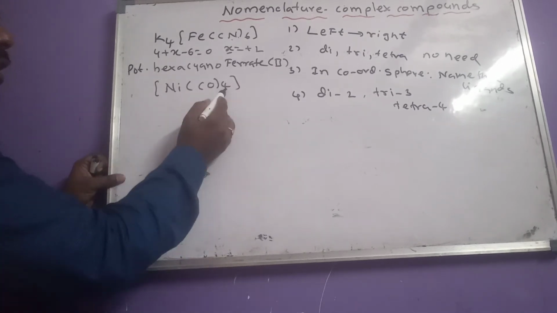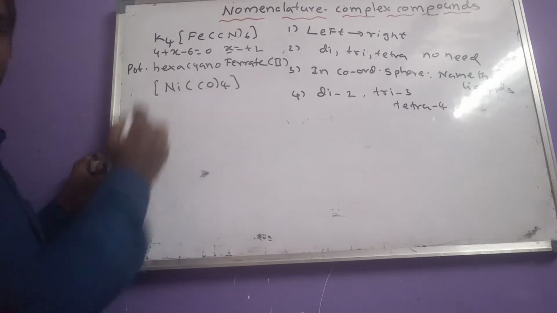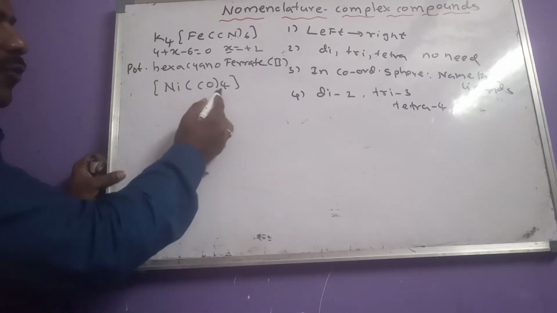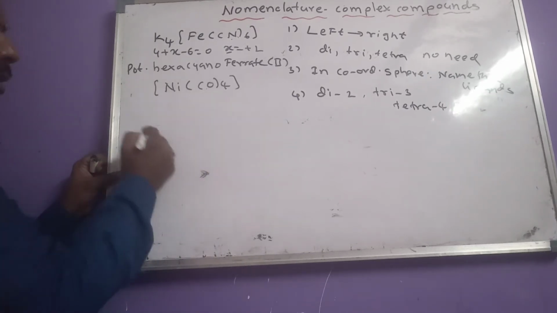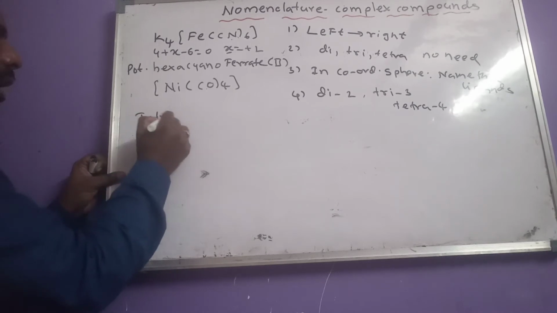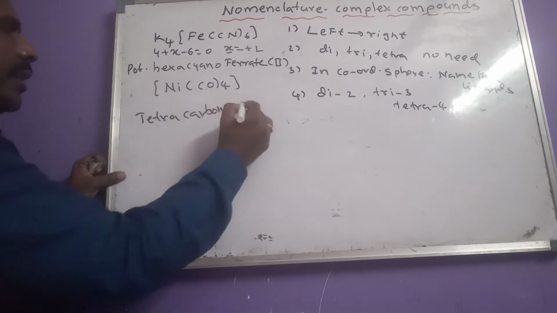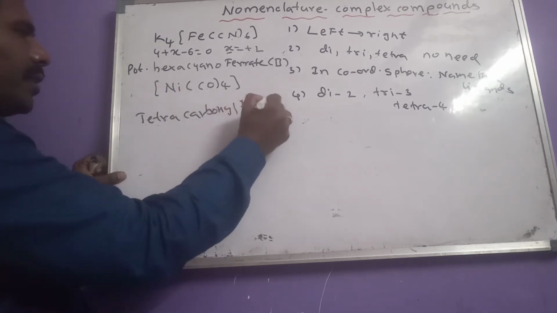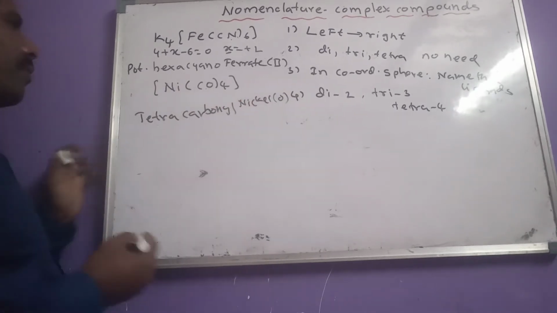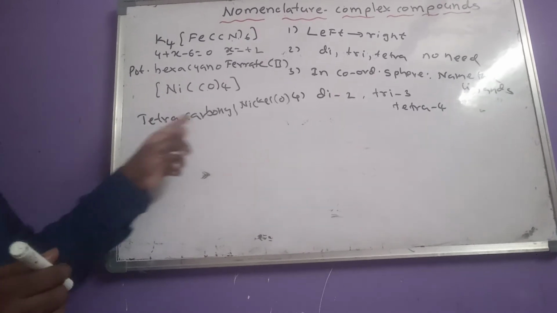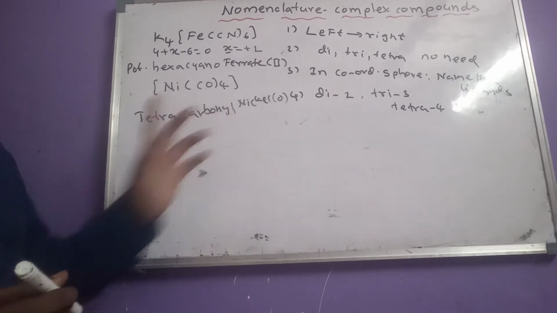First we have to name the ligand. This is carbonyl. As four carbonyl ligands are present, it is named tetracarbonyl, and it is nickel with oxidation number 0. So the name is tetracarbonylnickel(0).